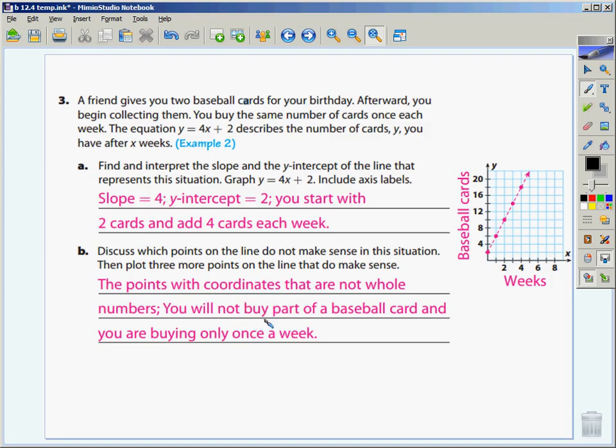Coordinates that aren't whole numbers wouldn't make sense because you can't have part of the baseball card, which is why they're showing this as being a dotted line. And you see these points here are actually solid. This dotted line means that it can't exist, but you can see that the trend would continue on and on forever.